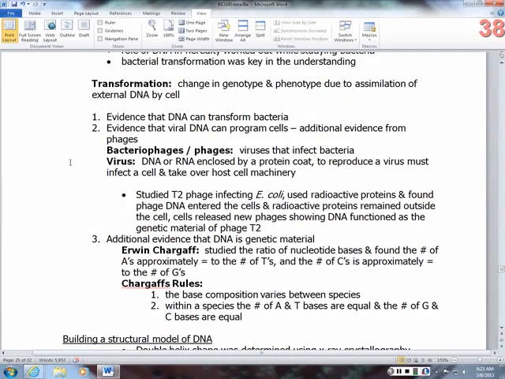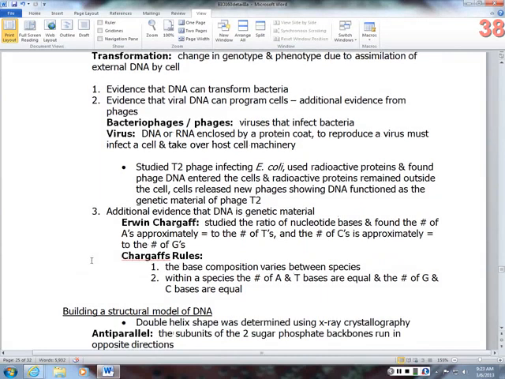They had seven phages, called T1 through T7, that they studied that would affect E. coli. They used radioactive proteins and found that when the phage DNA entered the cell, the radioactive proteins were left on the outside. When that DNA went into the cell, the cell started taking on the directions of that DNA, and the proteins were still on the outside, which showed that the DNA was the genetic material.